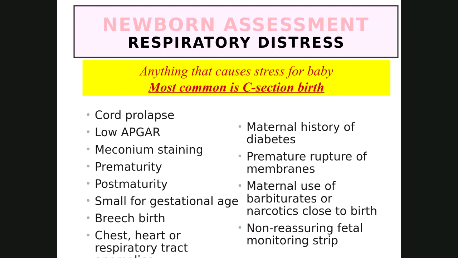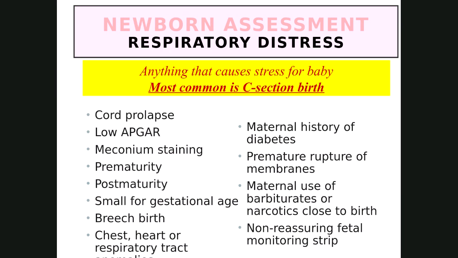So if the mom has diabetes, anticipate that the baby may have respiratory distress. Their lungs are slower to mature. Premature rupture of membranes, because this may lead to infection and/or preterm birth, at which point then the baby is going to be stressed, lead to respiratory distress.